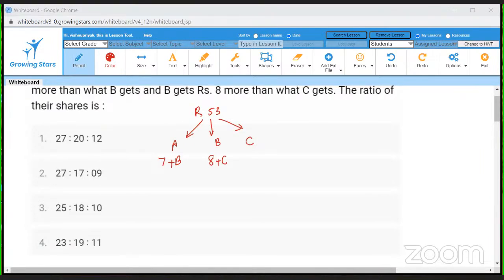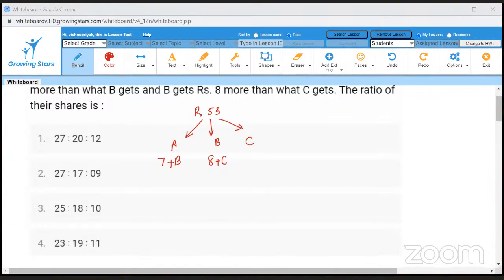Tarun, you already got C, that means the third option. Only Tarun got it, and very good. He has done it very quickly, and he got the correct answer also.